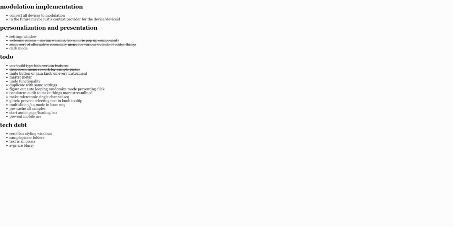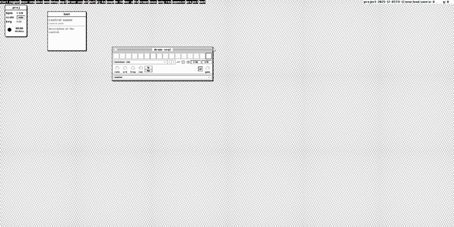If it's just an on-off switch, that could maybe live in the window title bar, up here. I could see that being up here as a power button or something, and it just turns off the sound, I guess, mutes the sound.